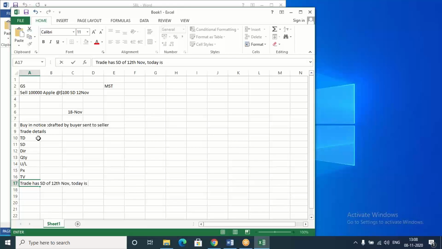Today is 18th November. Trade is still failing. You have time till 20th November, provided this is a business day. I'm just randomly putting the date to deliver.